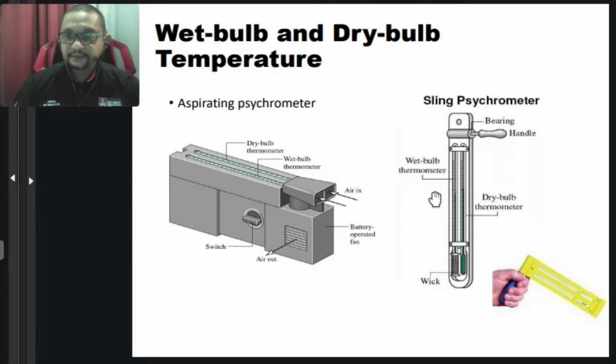The first one is the wet bulb thermometer, and beside the wet bulb thermometer is the dry bulb thermometer. Let's look at an example to help you better understand wet bulb and dry bulb temperatures, and also the adiabatic saturation temperature.